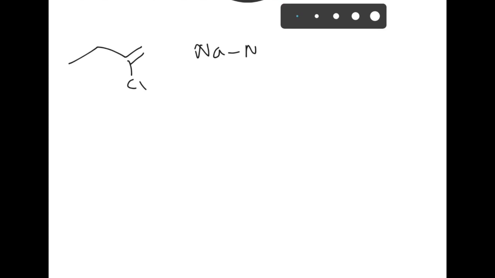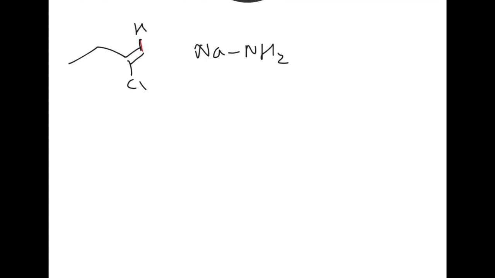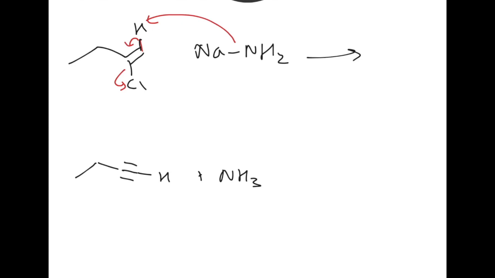So I have my Na. Right. So my amide can come grab a hydrogen, electrons come down, right? And I make my alkyne, plus I remake ammonia, right?